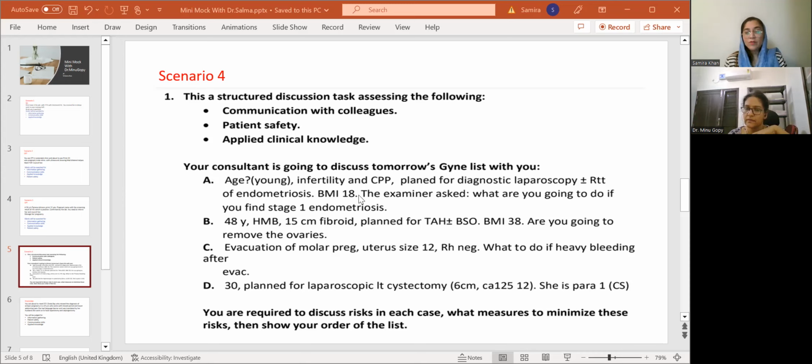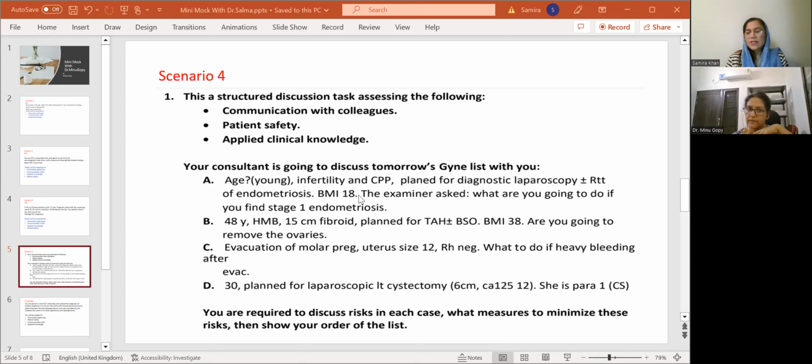And on the question of removing the ovaries, you have to say that you'll make sure that she consented for removal of ovaries, and why they decide on removal of ovaries if there is a consent, like she has a family history or any ovarian pathology on ultrasound. Also whether the surgical menopause and the risk of needing HRT is written in her informed consent, and whether she knows about it, that she will most probably need HRT.